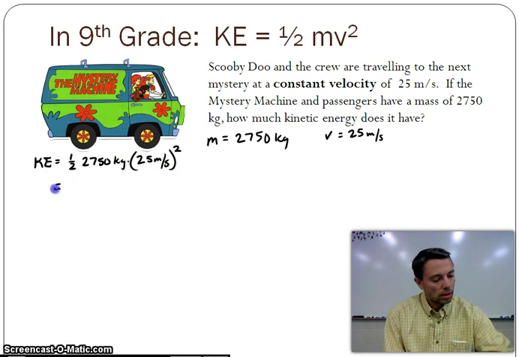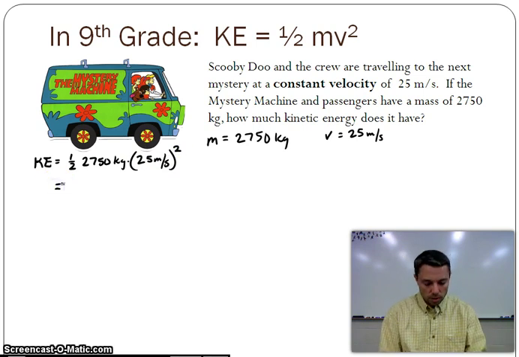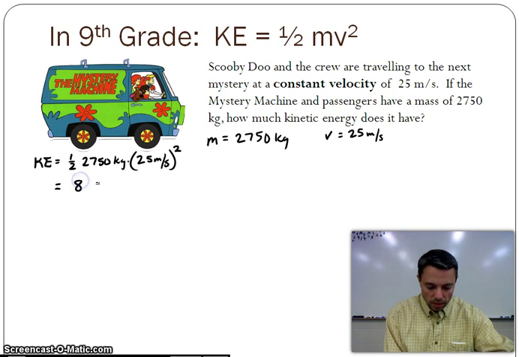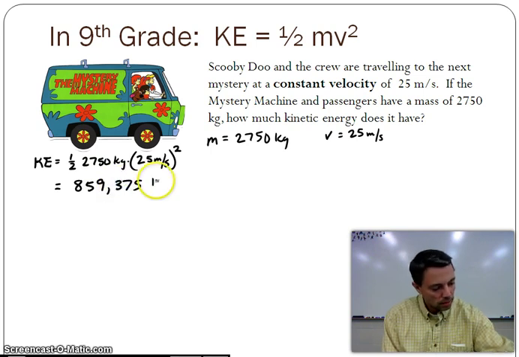I'm just going to grab my calculator quick: 25 squared times 2750 times 1/2, and we get an answer of 859,375 kilograms meters squared over second squared.